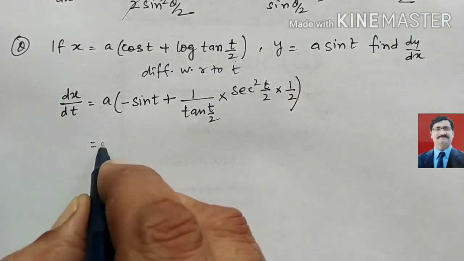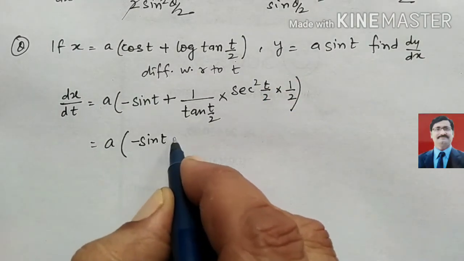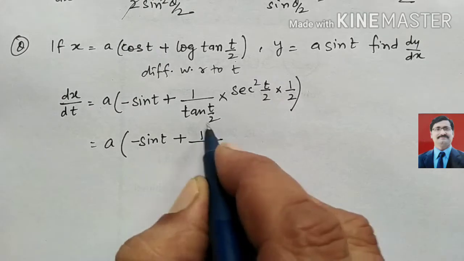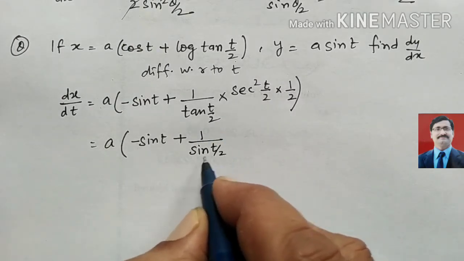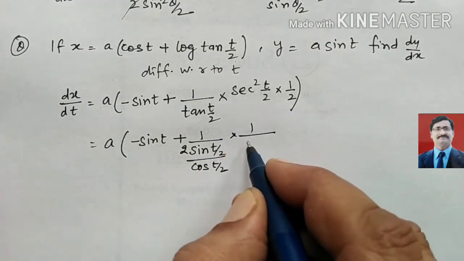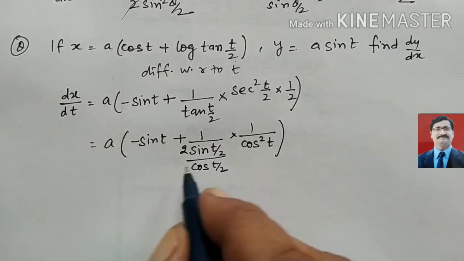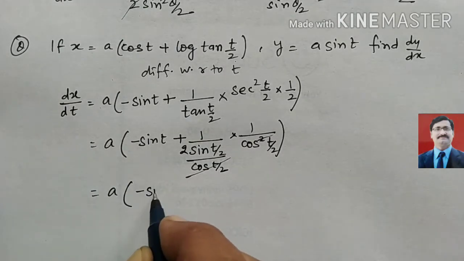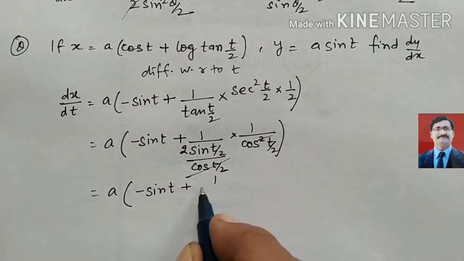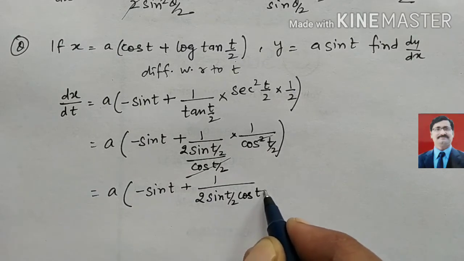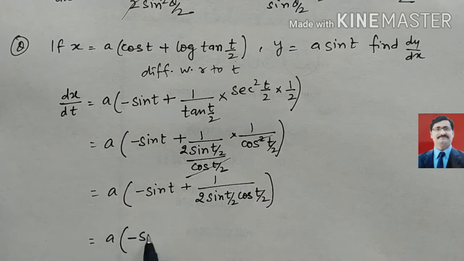So you can write a times minus sin t plus this whole part. Tan t by 2 is sin t by 2 upon cos t by 2, and sec is 1 upon cos square t by 2. One cos cancels, and you get 1 upon 2 sin t by 2 cos t by 2, which you can write as 1 upon sin t.